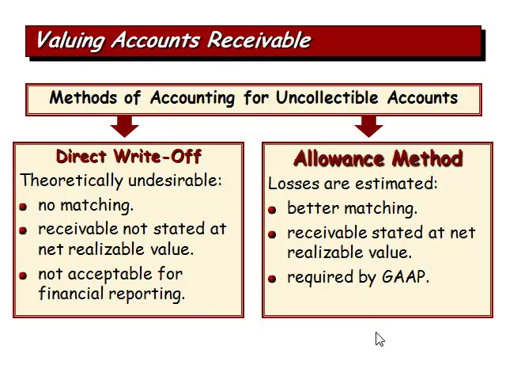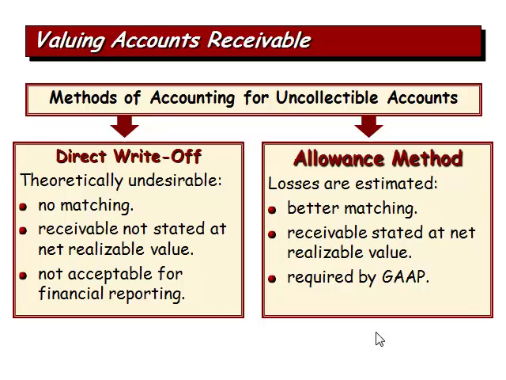So we've got two methods. One is a direct write-off. Once we decide that something is bad, we just go ahead and write it off. The note here is that it's theoretically undesirable because there's no matching. The expenses and revenue show up in different periods. The receivable is not stated at net realizable value, and finally, you can't do it for generally accepted accounting principles.